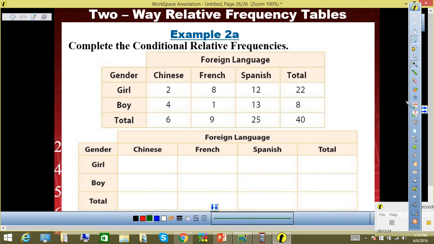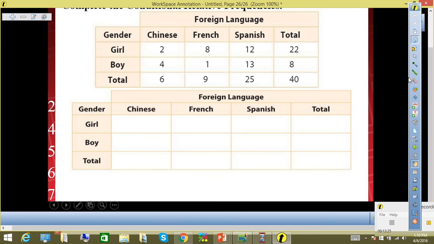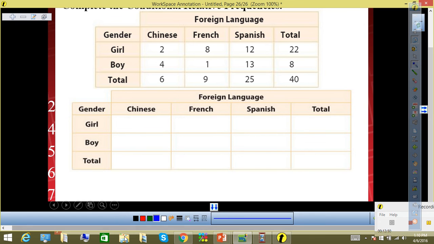So, let's see. Can you help me out with one of the cells for the joint relative frequency? About Chris R. Which cell do I want to focus on?